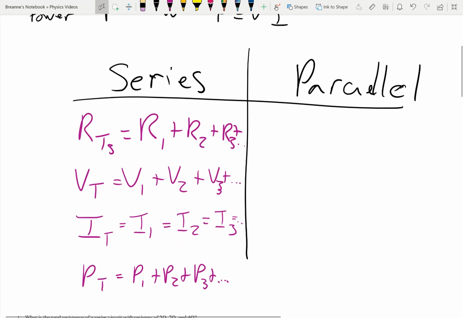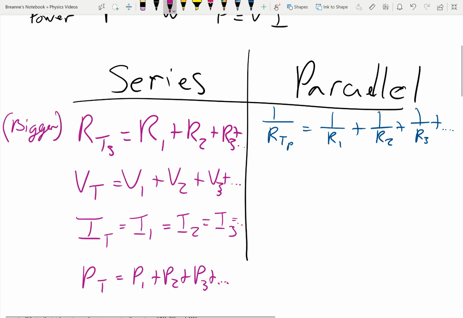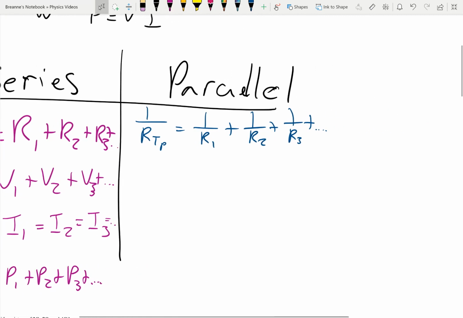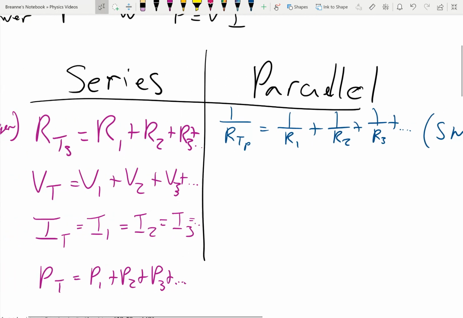For parallel, your resistance is 1 over, plus 1 over resistance 2 plus 1 over resistance 3. Another thing is, for series, your total should be bigger than all your other resistances. For parallel, your total should be smaller than any of your other resistors. So that'd be a good thing to check.